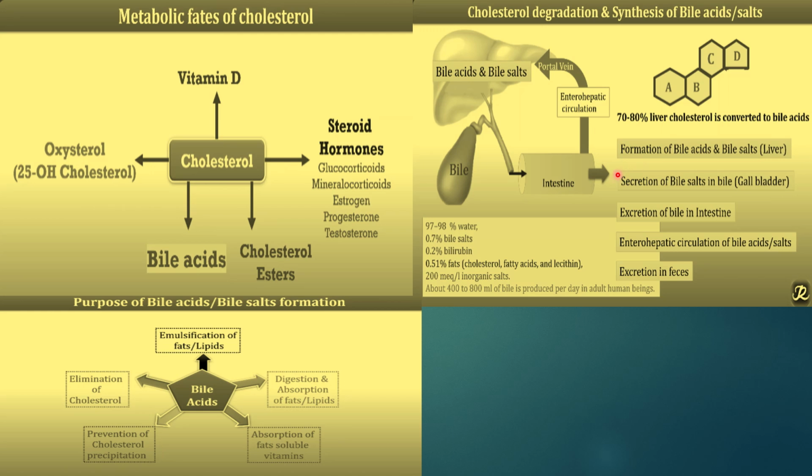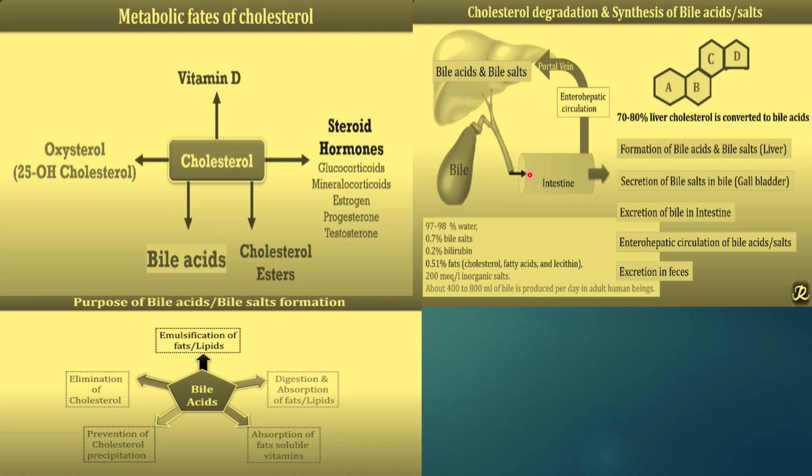The important role of the liver is in synthesis of bile acids and bile salts, then secretion of bile salts in the bile, then finally excretion of bile in the intestine. So this is excreted in the intestine. Then there is an enterohepatic circulation of bile acids or salts.